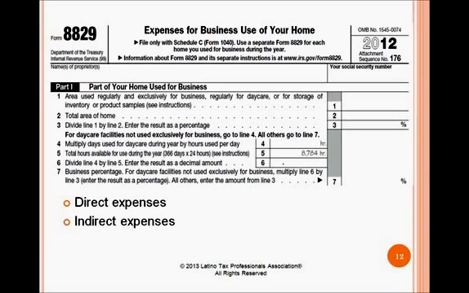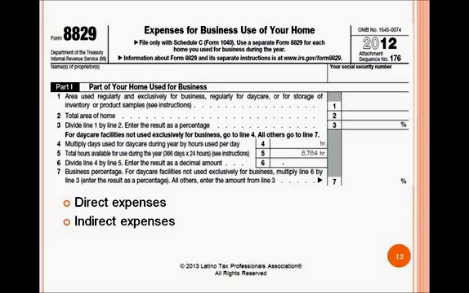If your percentage of business use of the home is 10%, then again you can deduct 10% of the cost of replacing the roof as a business expense. 10% of the cost of repainting your home, 10% of your utilities, 10% of your mortgage interest or your rent payment. You could also have direct expenses.